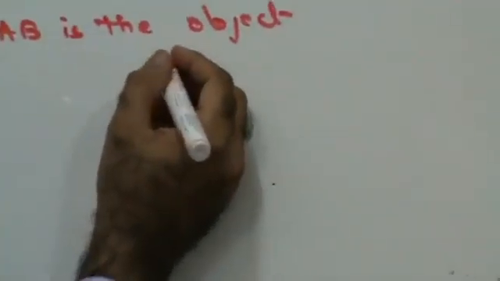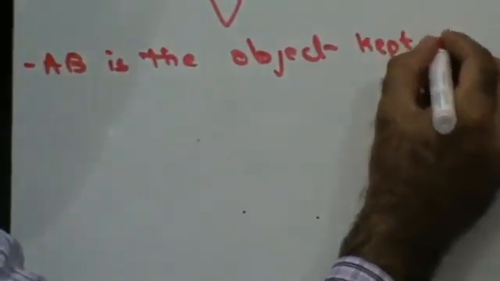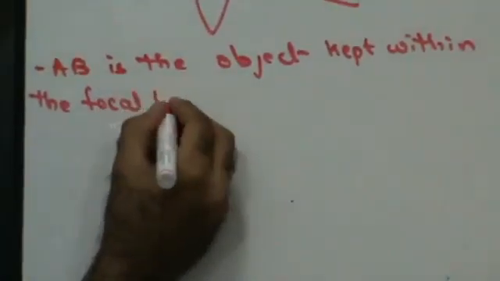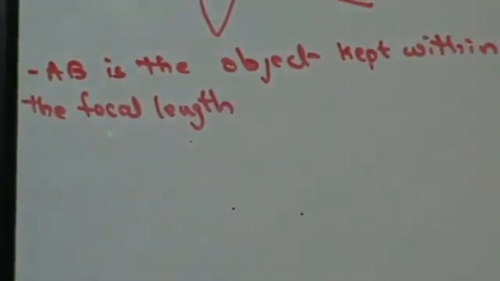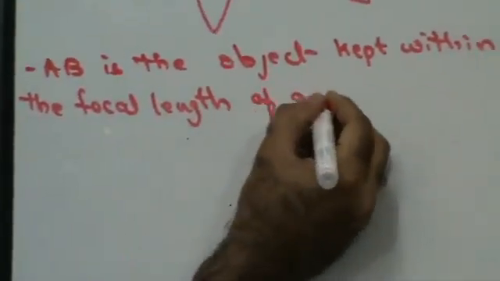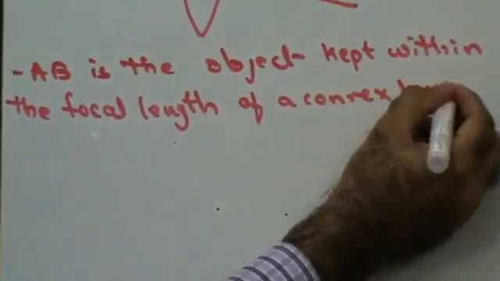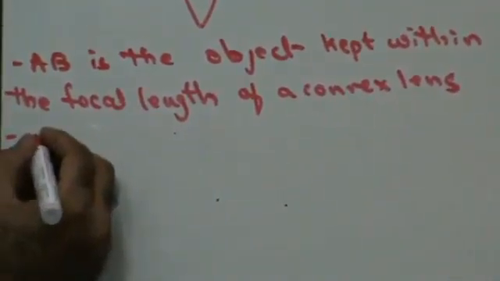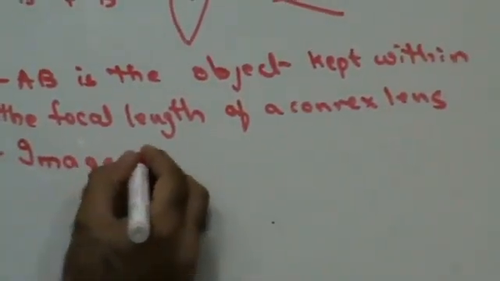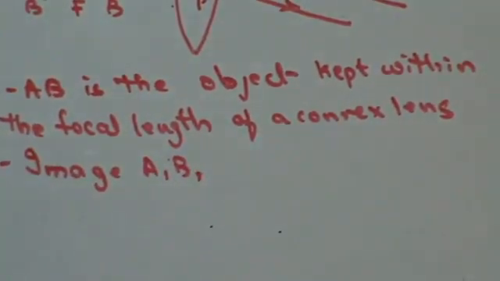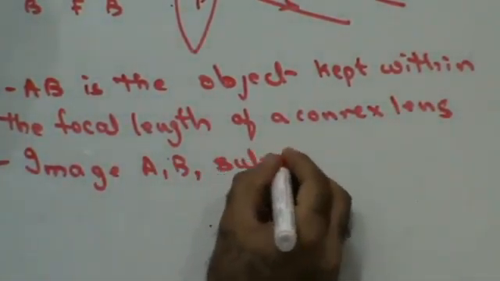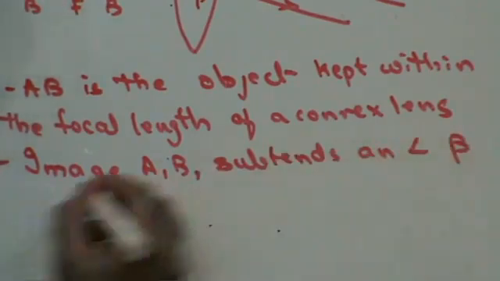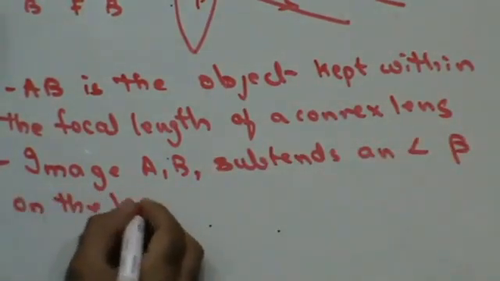AB is the object kept within the focal length of a convex lens. Next, A1 B1 is the image. The image A1 B1 subtends an angle beta at the lens.